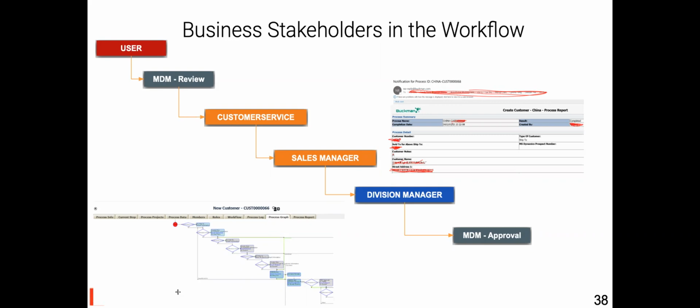You can see there is a notification in the right-hand top corner. It clearly shows the details about the customer information, the customer hierarchy, address, all the information, and it will trigger a notification to the list of users or participants who are required to get those email notifications.